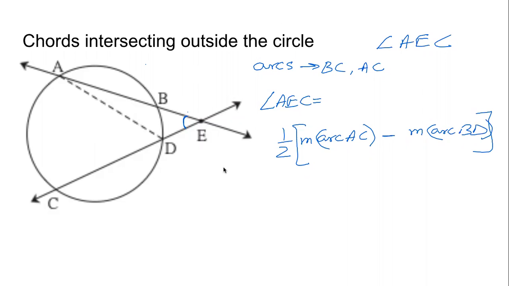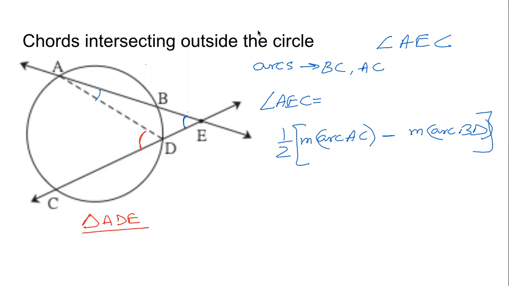This proof is not given in the textbook. You are expected to write it on your own. Now, look at the triangle ADE. The red angle is the exterior angle, and the blue angles are the remote interior angles.